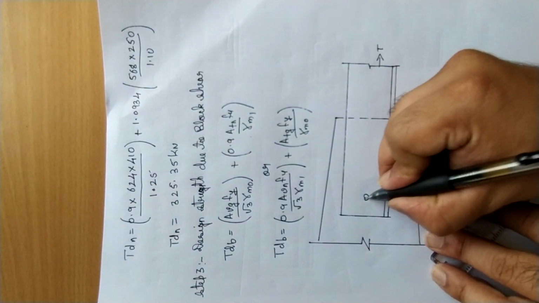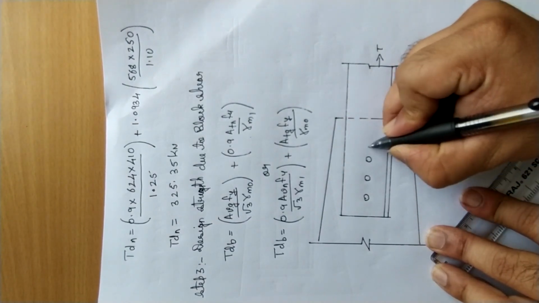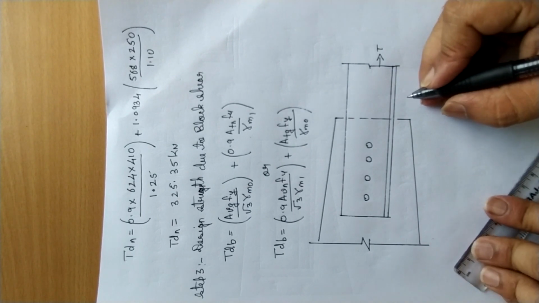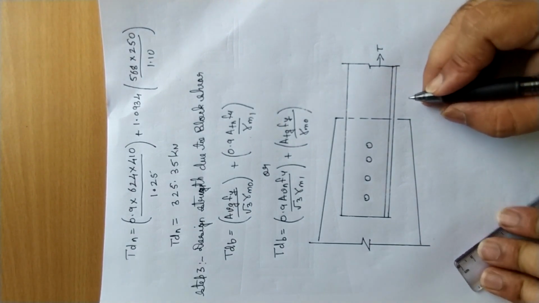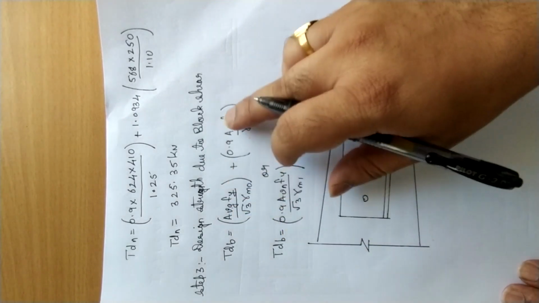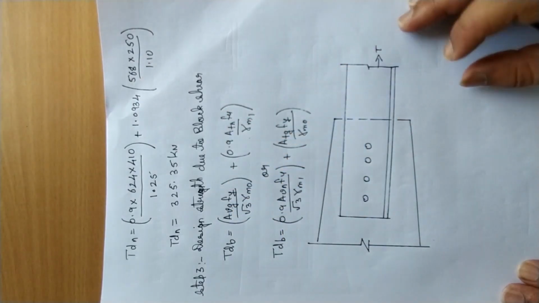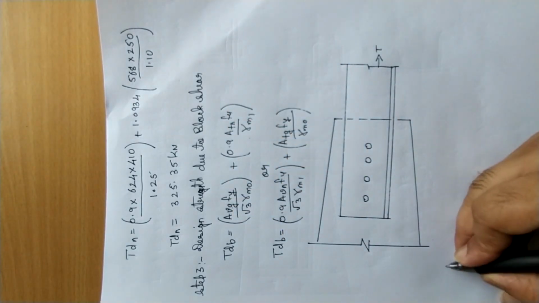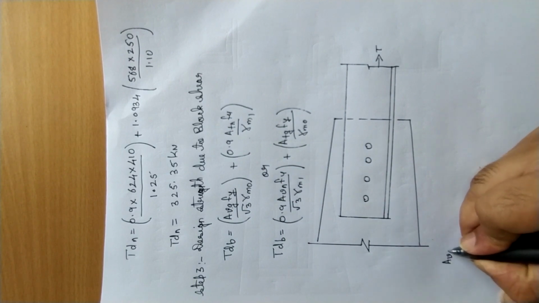There are four bolts, 1, 2, 3 and 4. We already know the distances. So we have to compute these four components, AVG, ATN, AVN and ATG. Better I start with, say, first AVG.